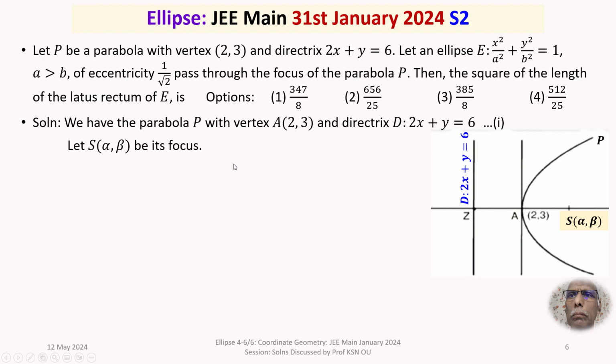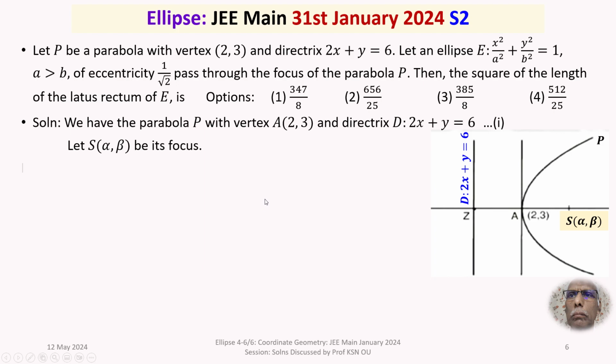Now, what is our goal? Our goal is to obtain the coordinates of the focus S, that is (alpha, beta). Then this ellipse passes through the focus of the parabola. Then we have to find the square of the length of the latus rectum of this ellipse.